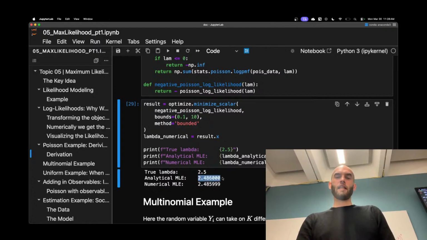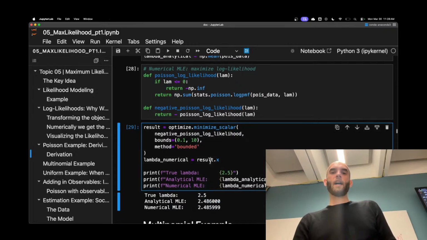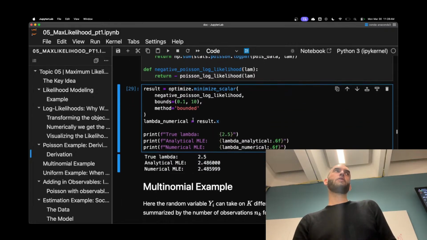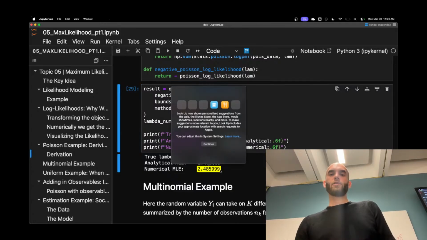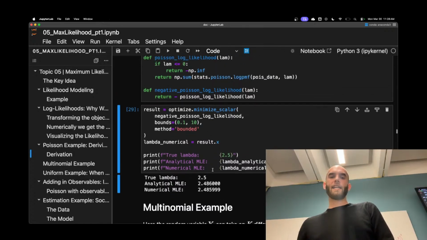The analytical estimate is the average, right? We just walked through all of this math to get this. So our analytical estimate for lambda is just the average of the k's, which we can see directly. But I've also defined the log likelihood function and estimated it numerically, and I get essentially exactly the same thing, off by just a tiny increment.